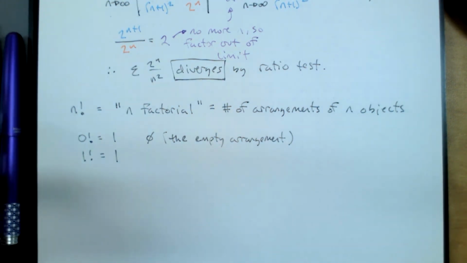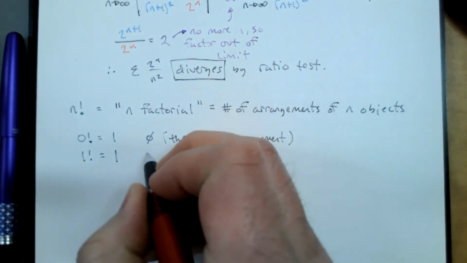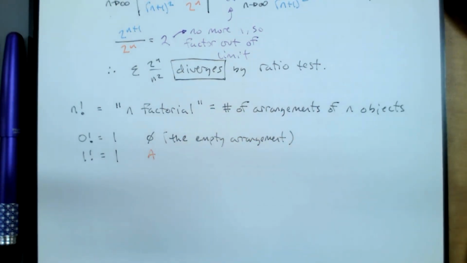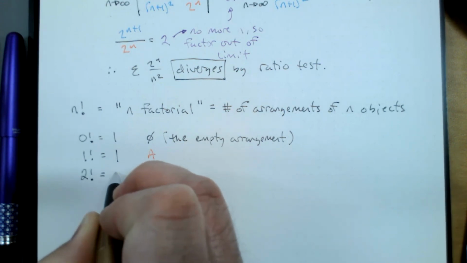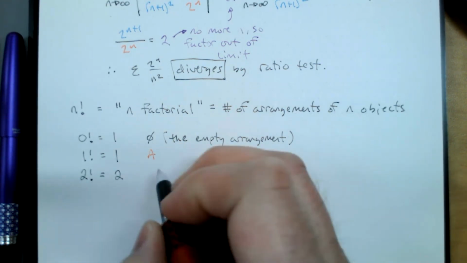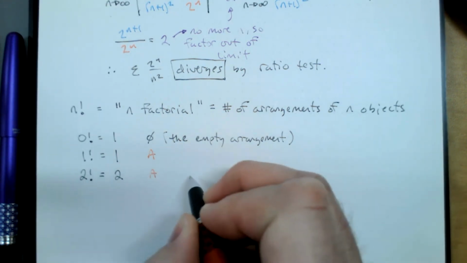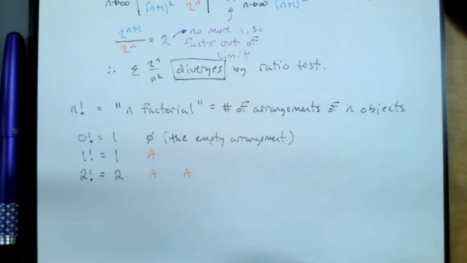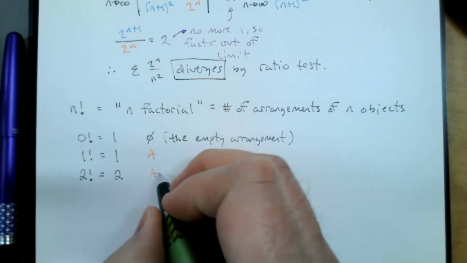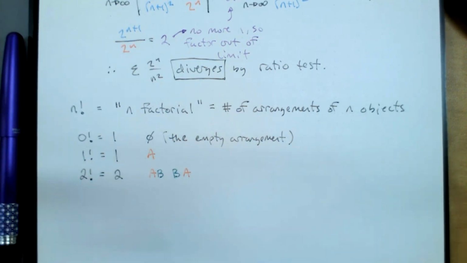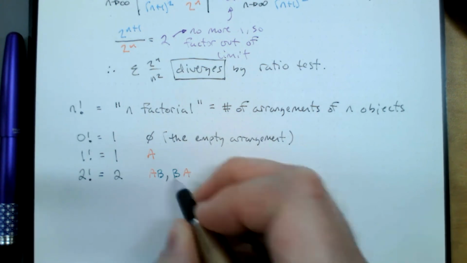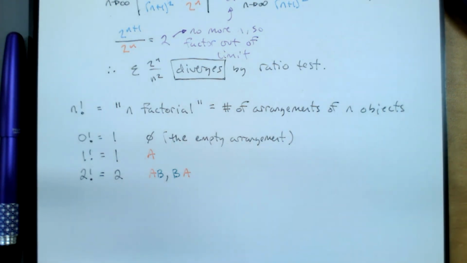So one object would be just A. 2 factorial is 2, because I can write A and then B, or B and then A. Two arrangements of 2 objects.